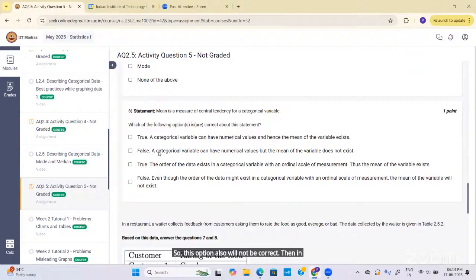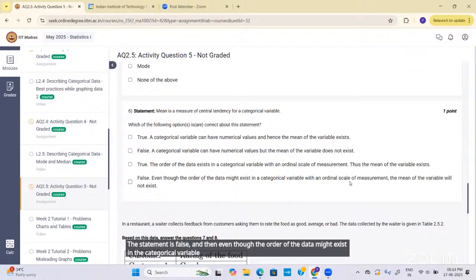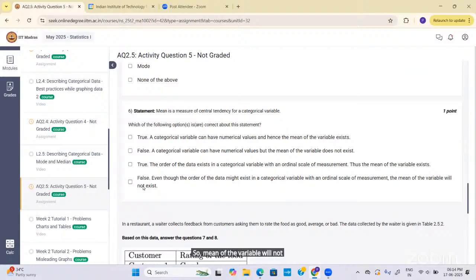The fourth option says the statement is false, and even though the order of the data might exist in a categorical variable with an ordinal scale of measurement, the mean will not exist. This is also correct, because even if your variable is ordinal, you can arrange the values, but you cannot calculate the mean. So both options B and D are correct.